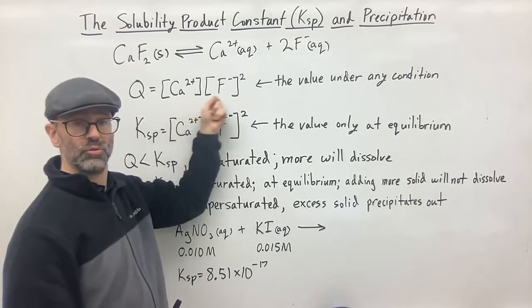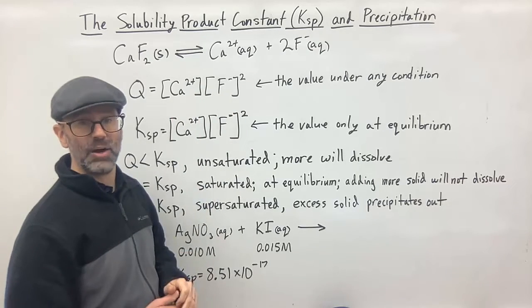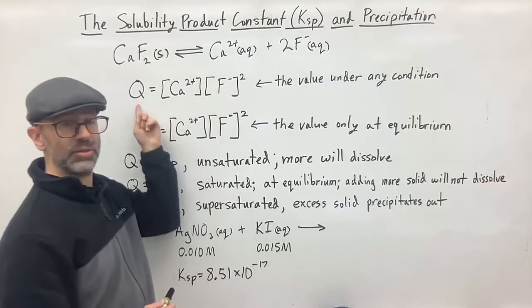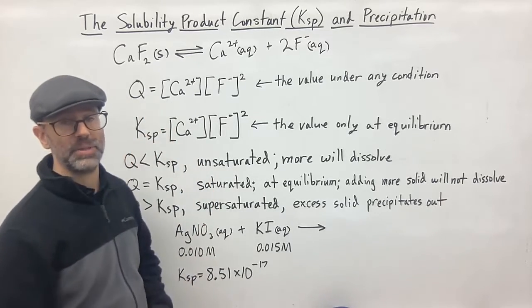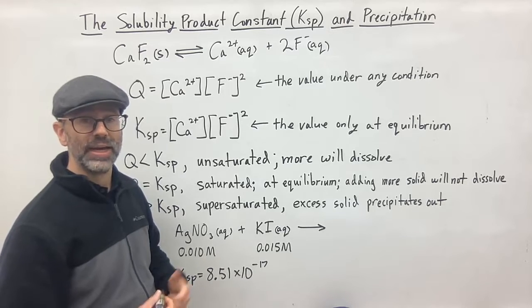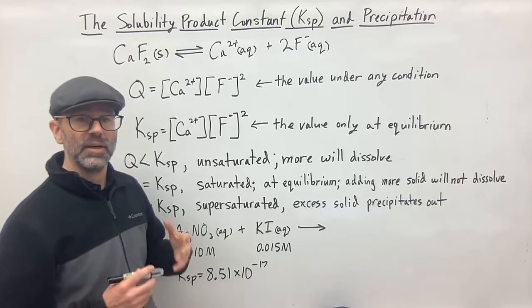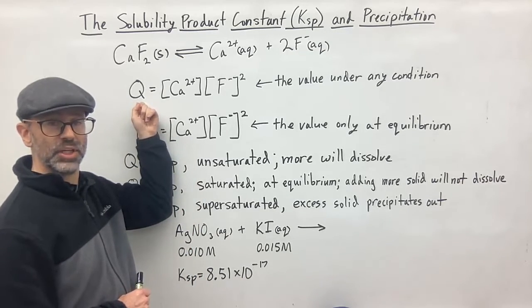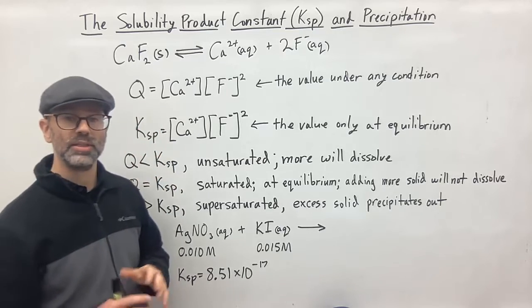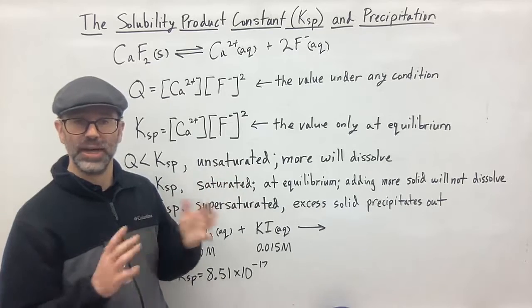If we know the concentrations of calcium and fluoride ion in our solution, we can use that to calculate Q and then compare that to the KSP. So what does that tell us? The comparison between Q and KSP will tell us on what side of the equilibrium the reaction is at.